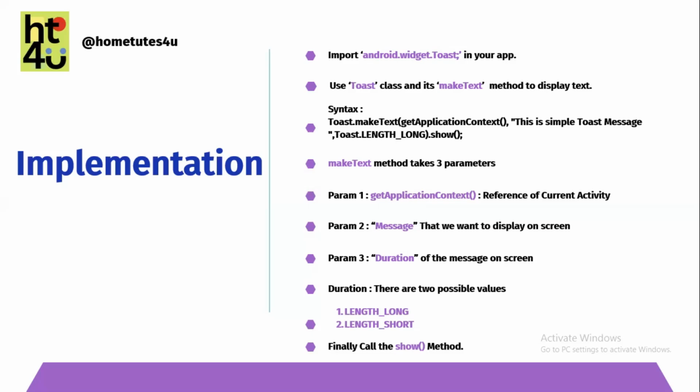Again, this duration parameter has two possible values. One is LENGTH_LONG, which is used to display your message for a longer period of time. And second is LENGTH_SHORT, which is used to display your message for a shorter period of time. So this is how we can implement a toast message on our screen.